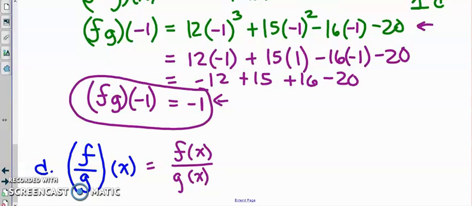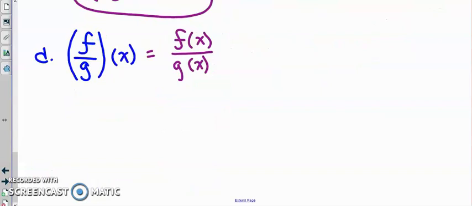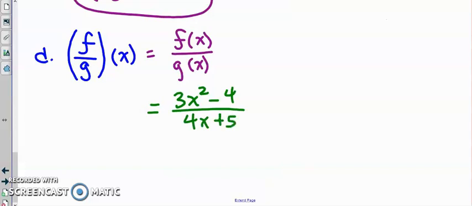All right, and then the last one is dividing. And so we already have our solution here of 3x squared minus 4 over 4x plus 5. All right, so when we do this part, remember that the x value we got was x equals -5 in the first example, or from example 1.